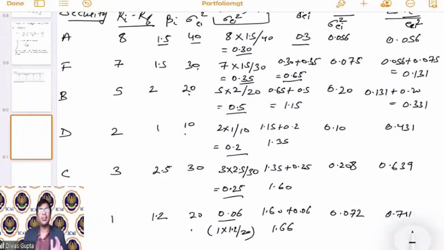I hope till here the process is clear. This is what the model is asking us to calculate.